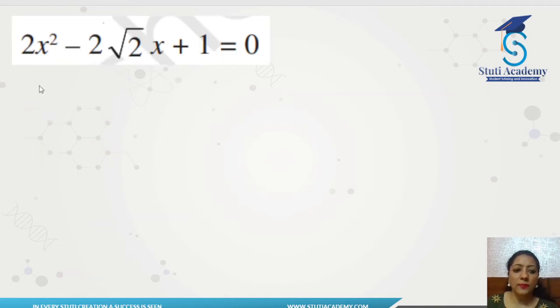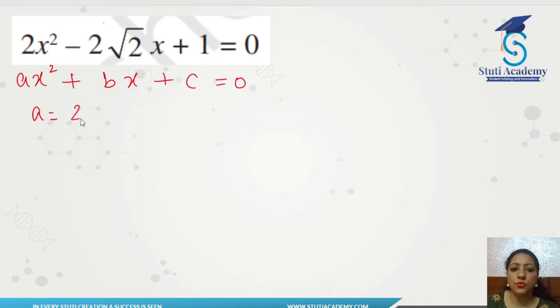Now let us solve this one. Now we have 2x square minus 2 root 2 x plus 1. So we are going to check whether the roots exist. So we'll compare this with ax square plus bx plus c is equal to 0.